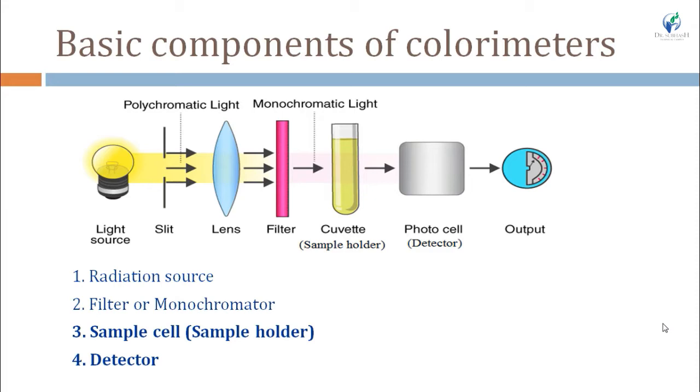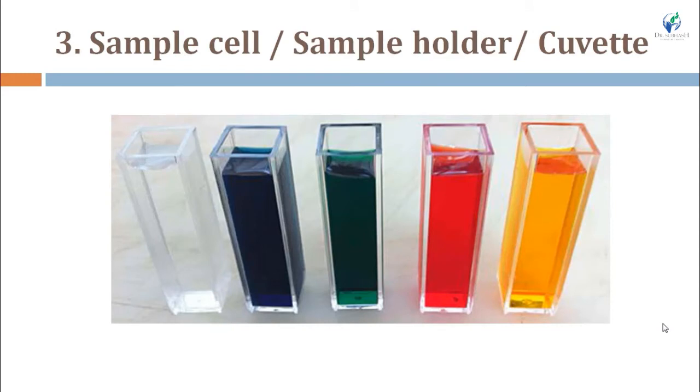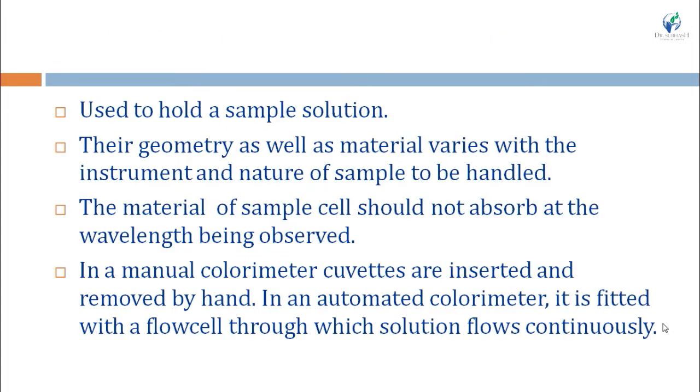In the figure you can see the cuvette, meaning the sample holder, which is used, as the name suggests, to hold the sample. The sample cell or sample holder is also known as a cuvette in a UV-visible spectrophotometer. Their geometry as well as material, meaning their shape and material, varies with the instrument and nature of the sample to be handled.